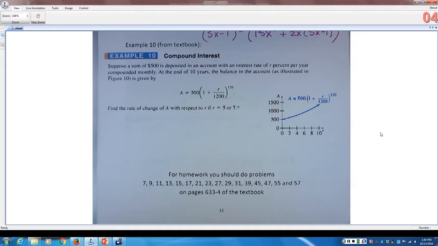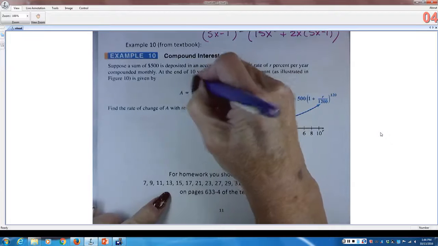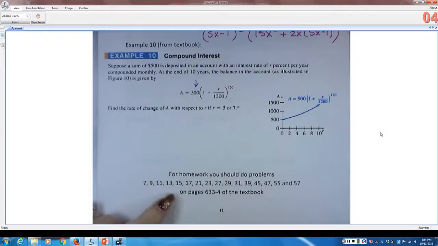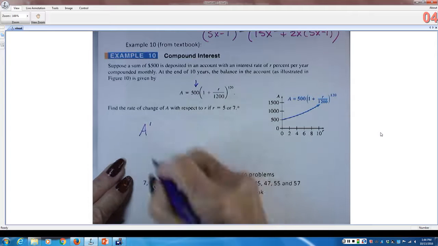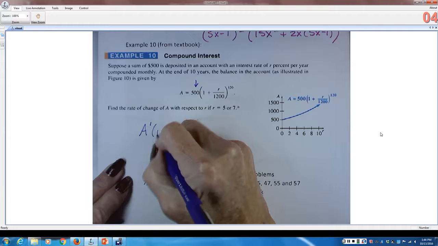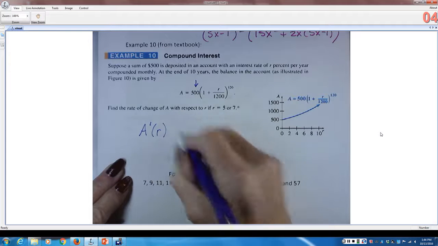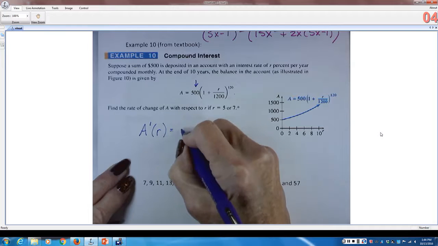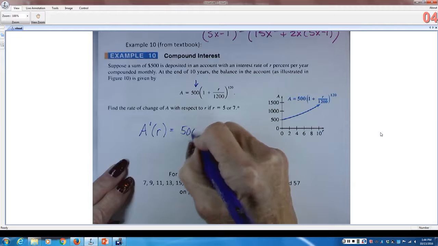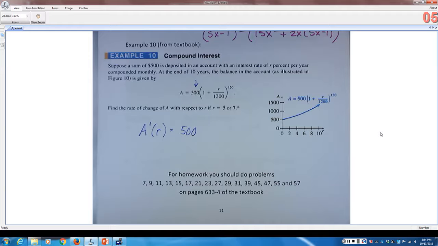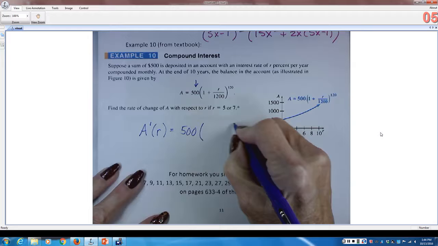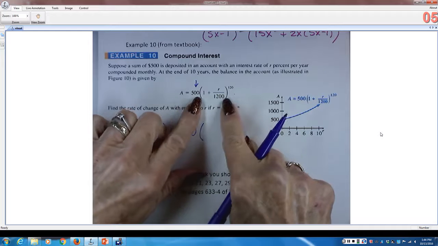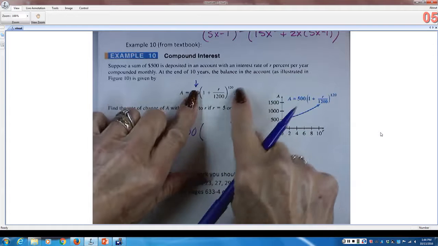So what we have here, this is a constant, so it's just a multiplier. It's going to come along for the ride. It's not going to do anything else. So A prime of R is going to be 500 times the derivative of what's coming next, which is something raised to a power.